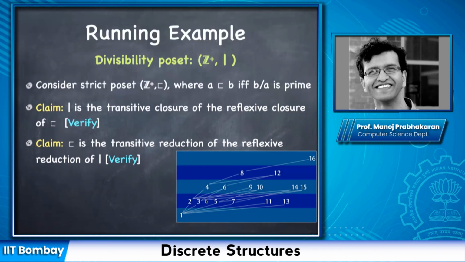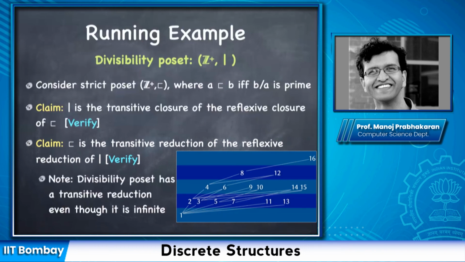Again, there's something you should verify using the properties of prime numbers. So this is an example where I do have a transitive reduction, even though it's an infinite set. That just happens to be the property of prime factorization, how it works.